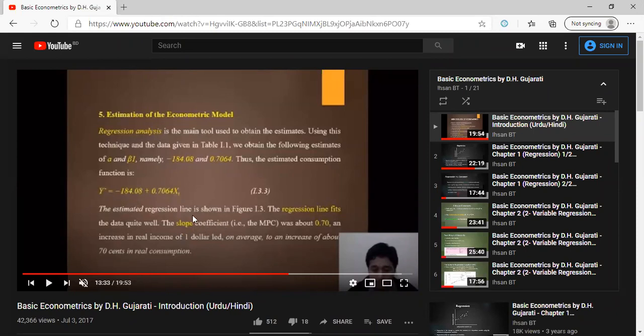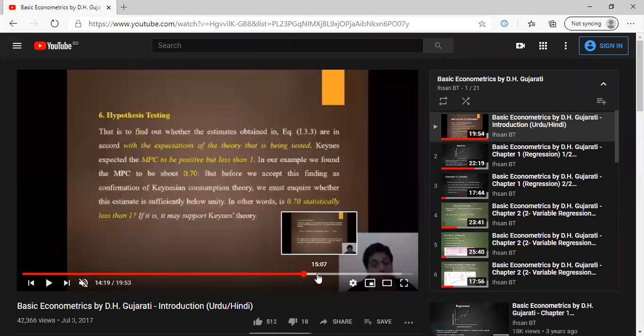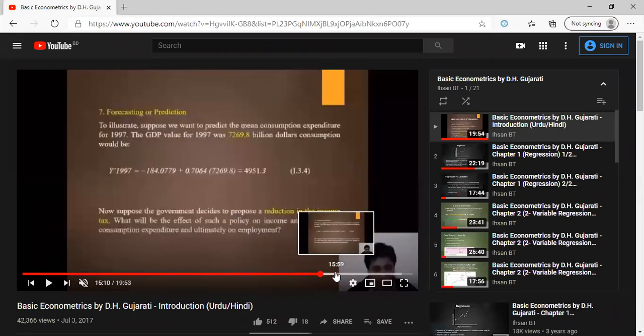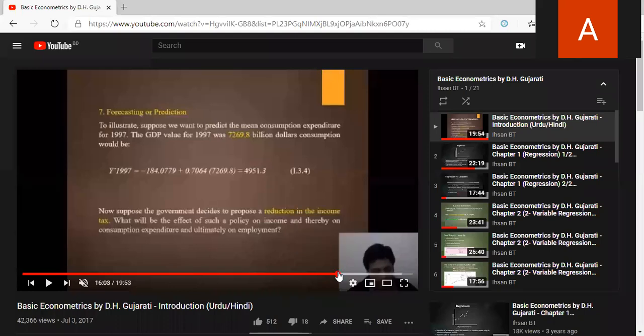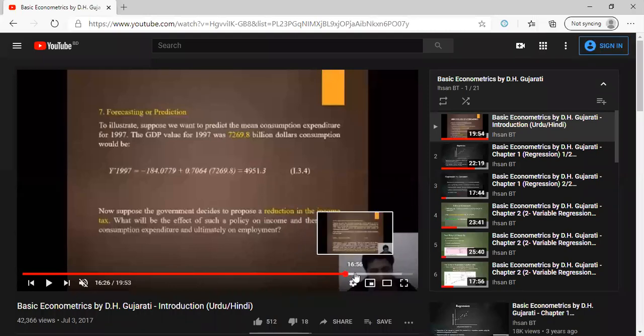If x increases by 1 unit, $1, let's say, then consumption will increase by 0.7064. So basically, what you are saying is, if your income increases by $1, your consumption will increase by 70 cents.